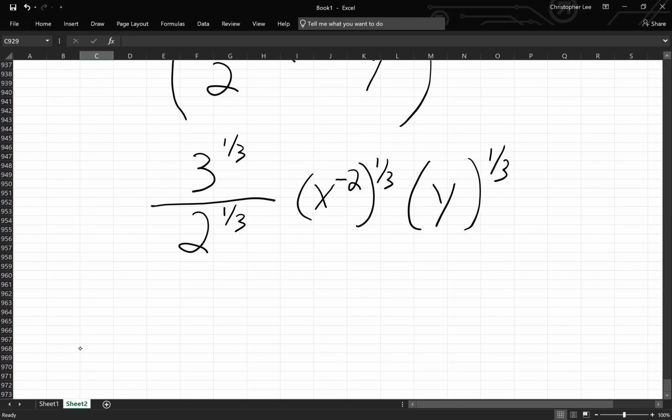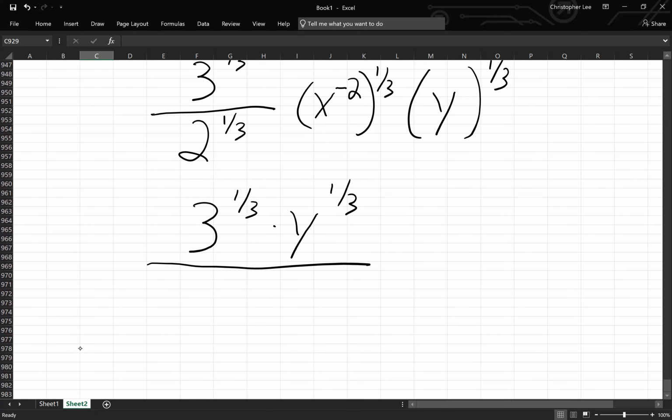Why is x under the fraction? You're right. That's exactly what's gonna happen here. So putting this all together, I'm gonna have 3 to the 1/3 times y to the 1/3 over, no, 2 to the 1/3, and then x to the 2 to the 3rd power.